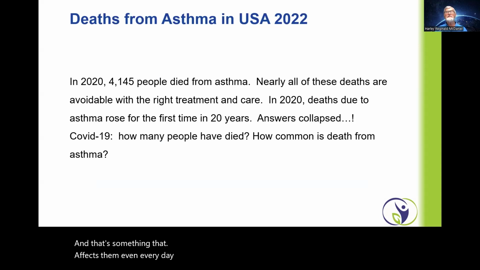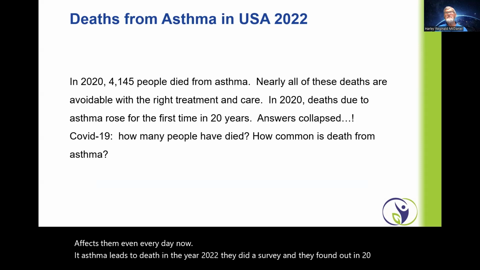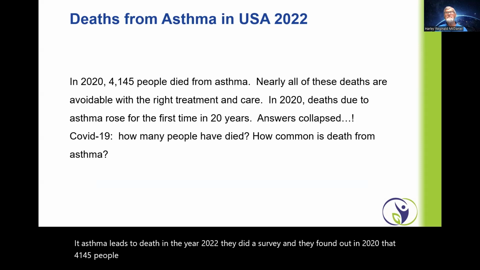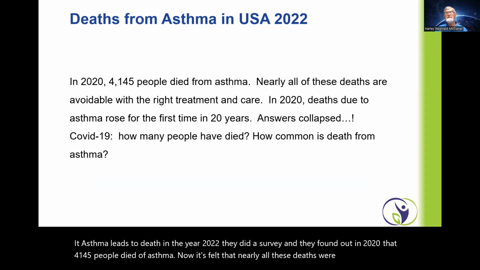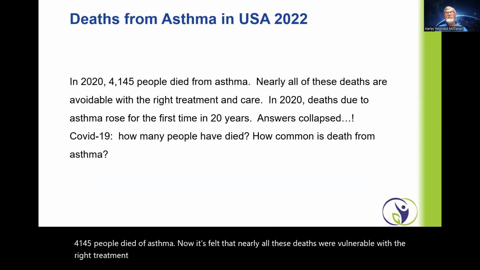Now, asthma leads to deaths. In the year 2022, they did a survey, and they found that in 2020, 4,145 people died of asthma. Now, it's felt that nearly all these deaths were avoidable with the right treatment and care.